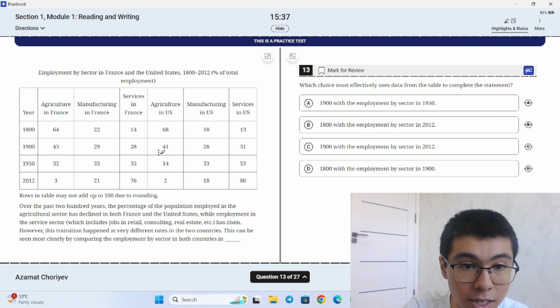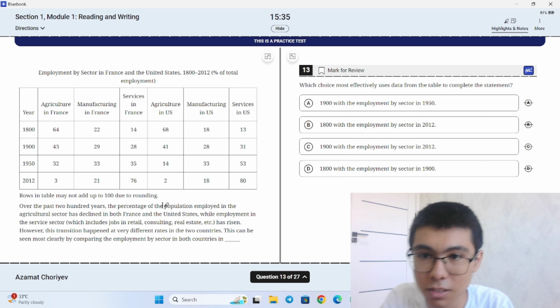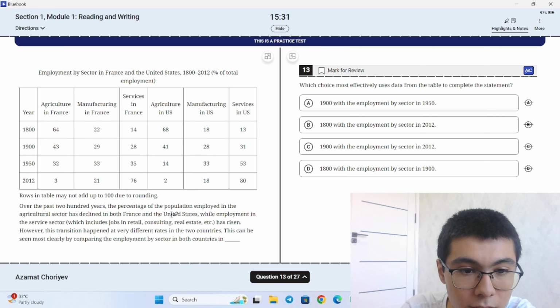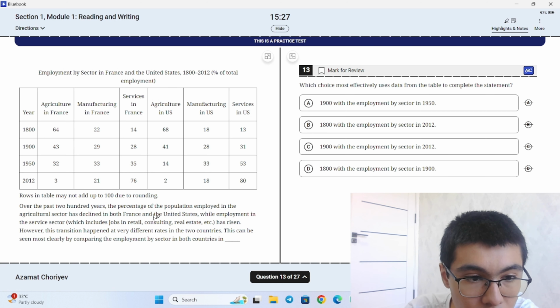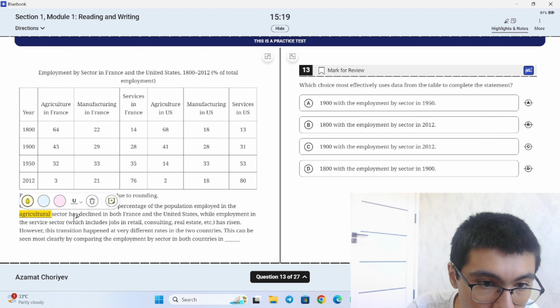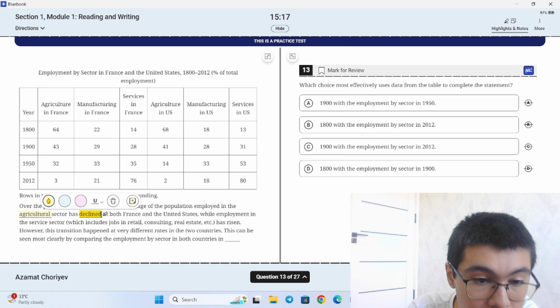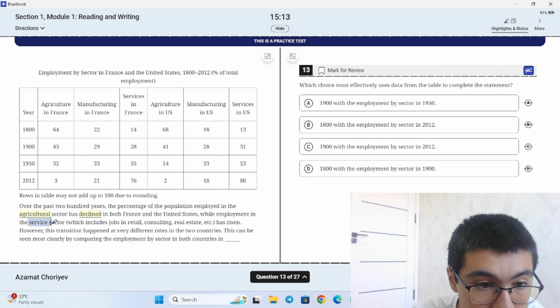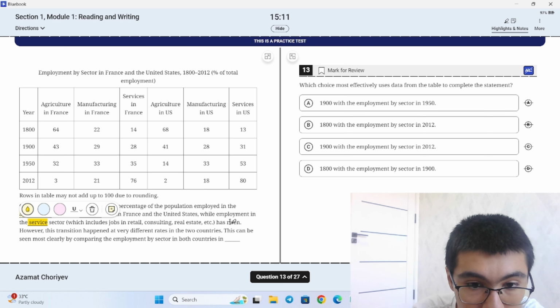Okay, you have a text of quantitative command of evidence. Over the past years, the percentage employed in the agricultural sector has declined in both France and the United States, while the service sector has risen.